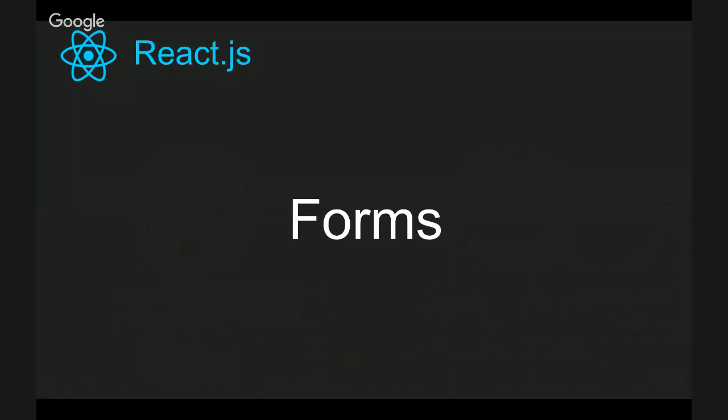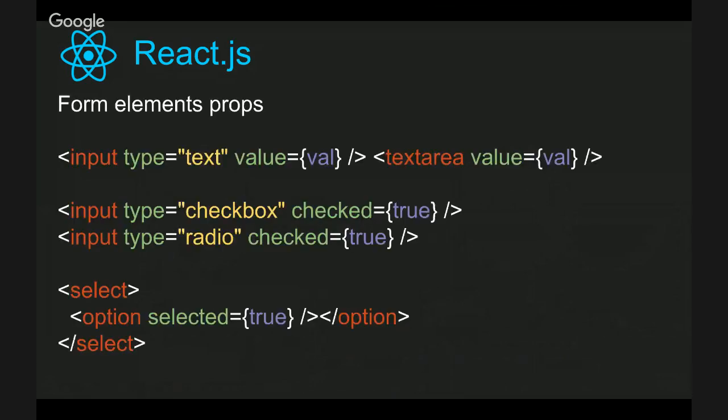That is a big subject that we left outside in the first lecture, because of the way that form elements work in React. Mainly, they have 3 properties that you're going to use to get the value. Value is the property that is going to work for input of type text and for text areas as well. Remember, this difference is important in text areas, because in simple HTML, you are going to use the children of the text area to modify the content.